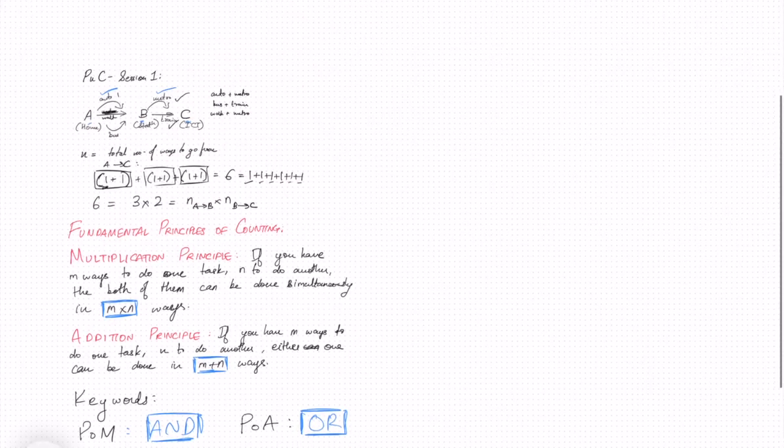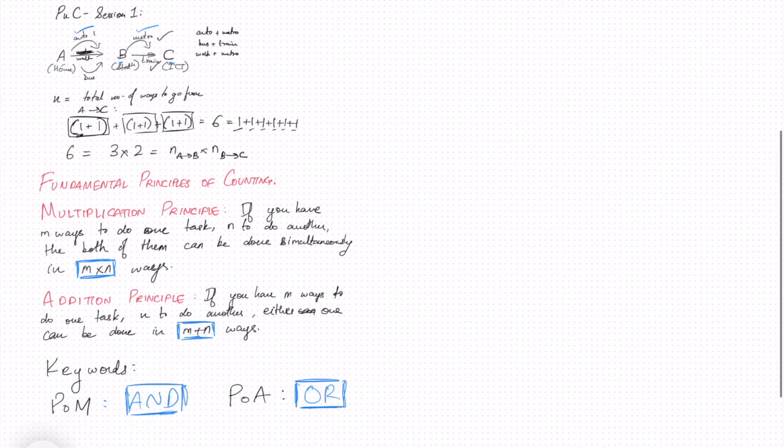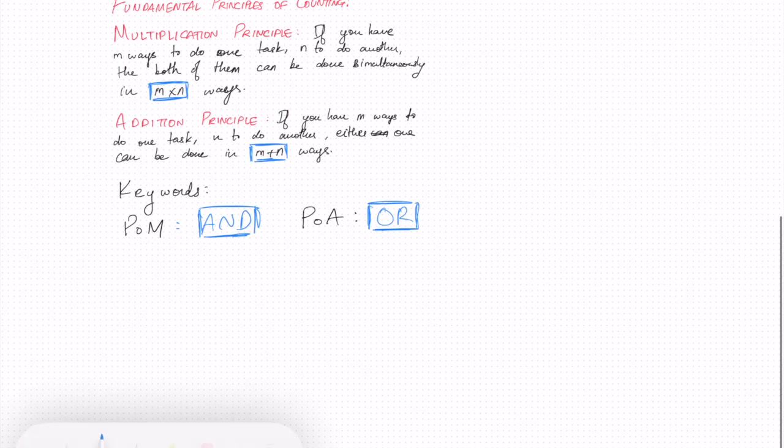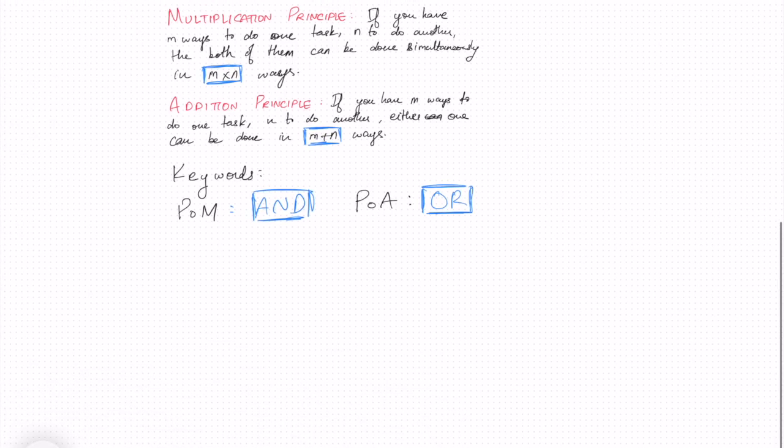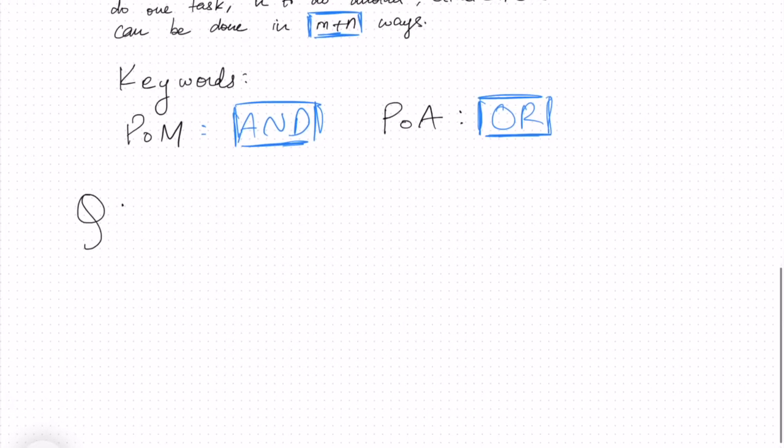So the theory of PNC, the fundamental principles of counting, is pretty much this. It boils down to a lot of problem solving as well. So we'll learn along the way with a few examples. So let's take questions.